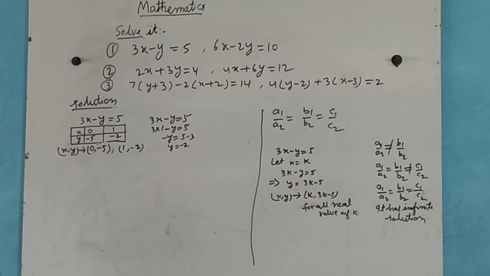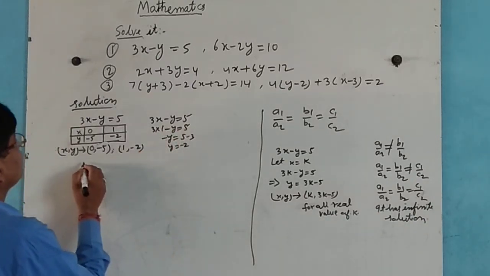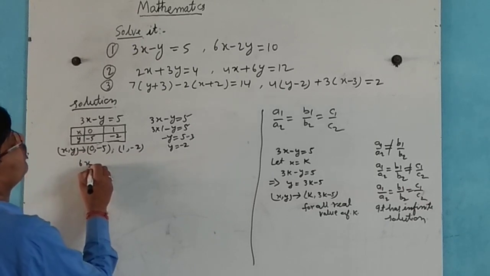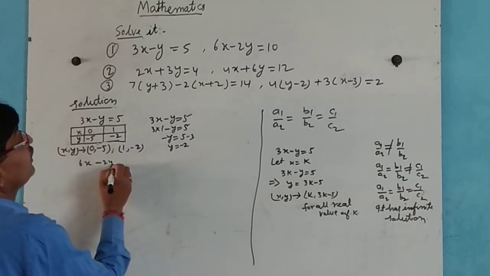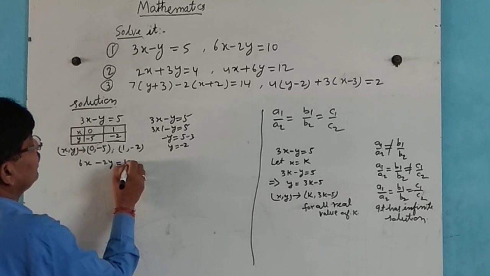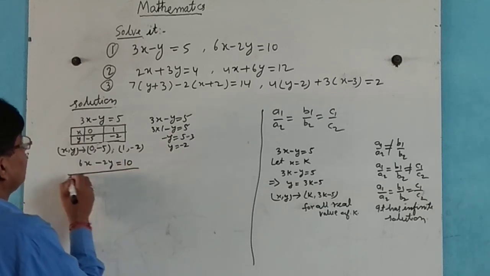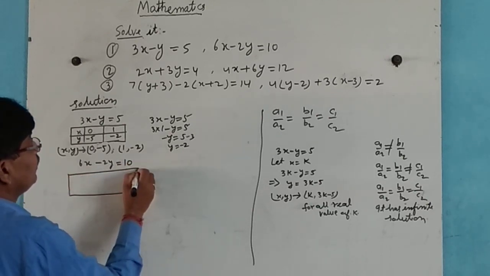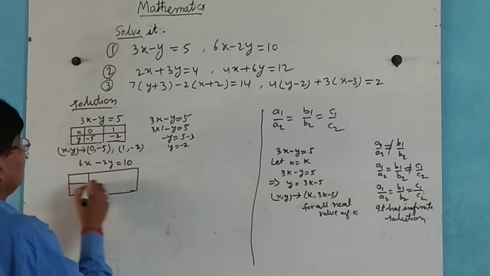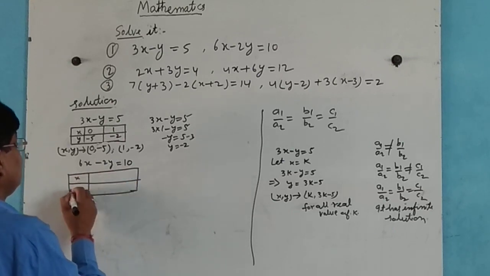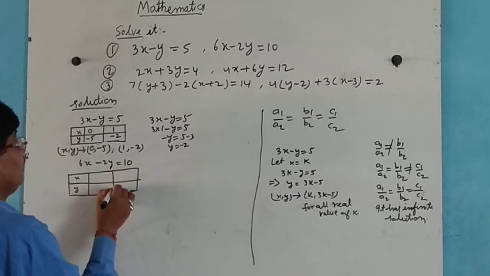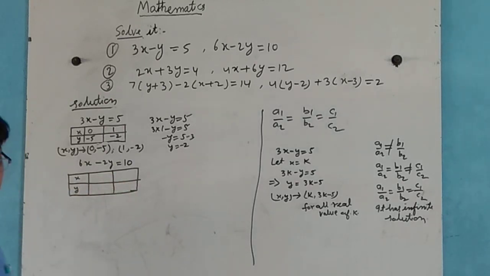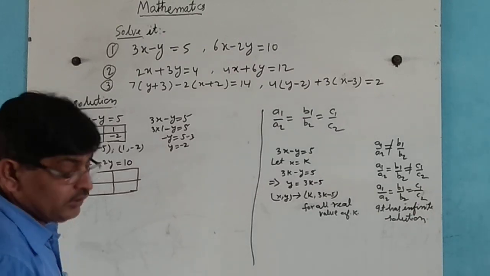Now, we take the second equation, 6x minus 2y equal to 10. We take two values of x.